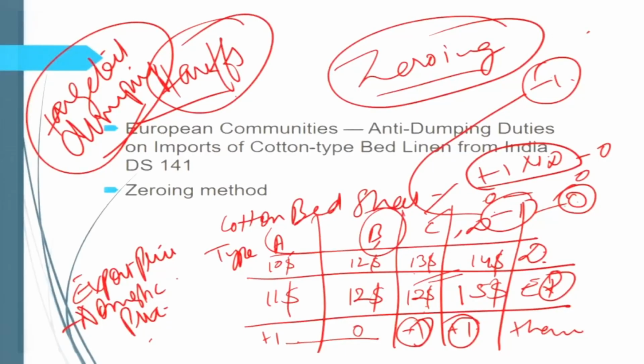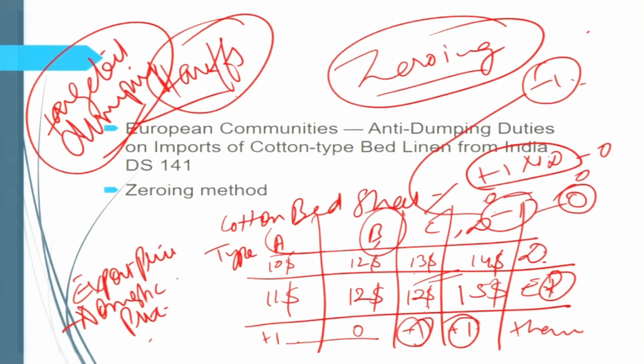Now, the European Union was not considering the other reasons, but it simply zeroed the value and stated that India is dumping this kind of bed sheet. So, the matter went to the dispute settlement body of the WTO, and there it stated that the method applied by the European community for calculating whether the cotton bed sheets from India being exported to the European community are being dumped is wrong.